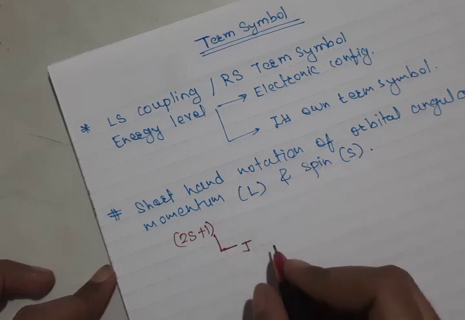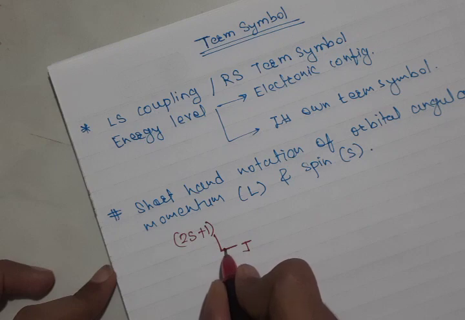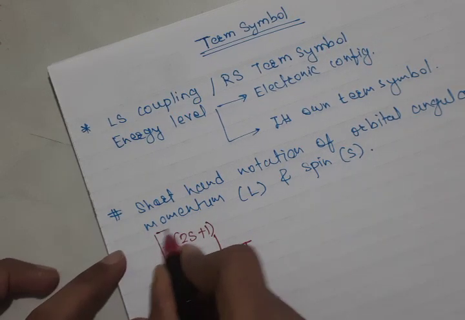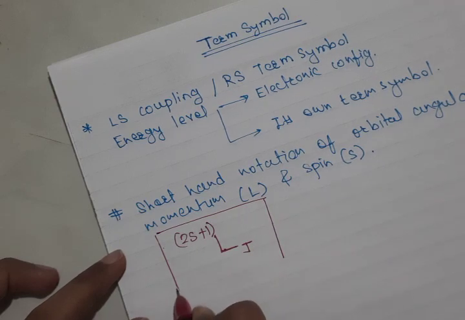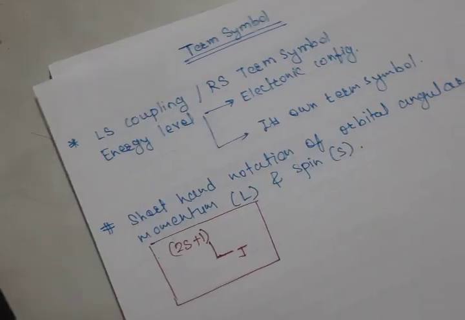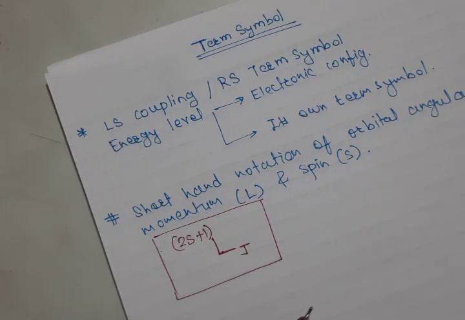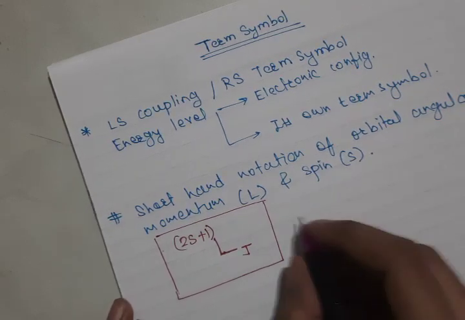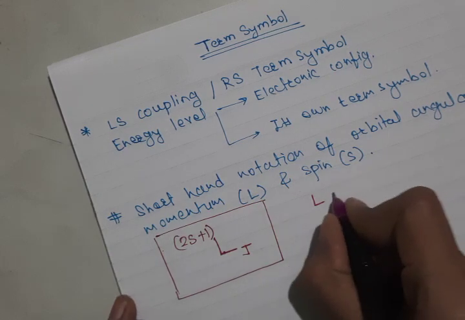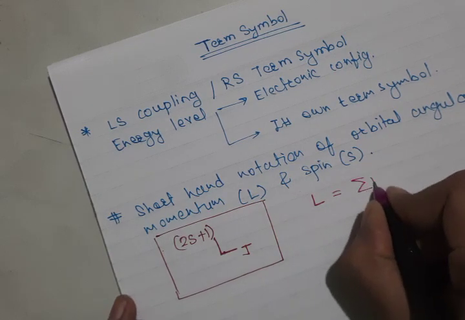So this L, how to find out this L? I'll just make a box for this so that you will get to know. This is the notation for the term symbol. L is the summation of ml values.